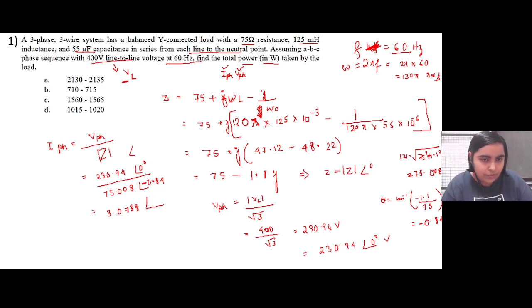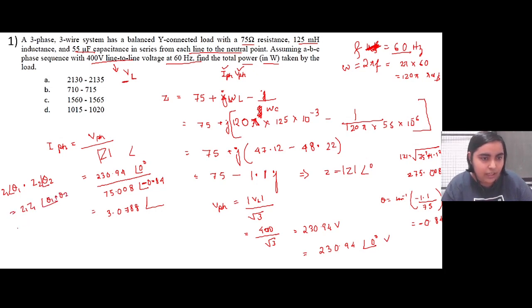So what will be the angle? See, for multiplication, let us say this is z1 theta 1 and it is multiplied by z2 theta 2. The magnitude will be z1 z2 times, and the angle theta 1 plus theta 2.